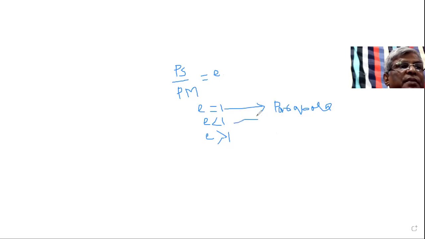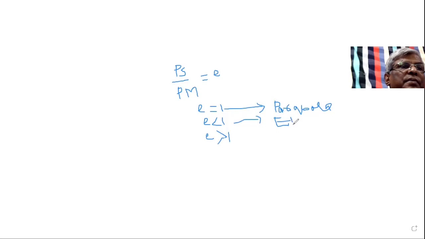If it is less than 1, it means PS is smaller and PM is greater. PS is smaller and PM is greater, so after division you get a quantity less than 1. So this will be your ellipse.